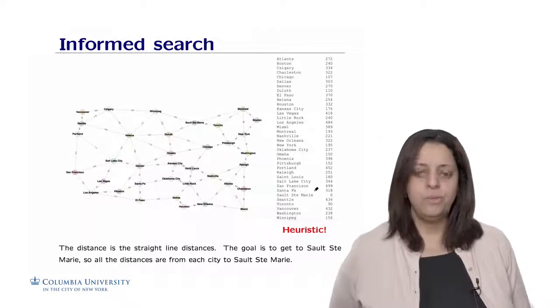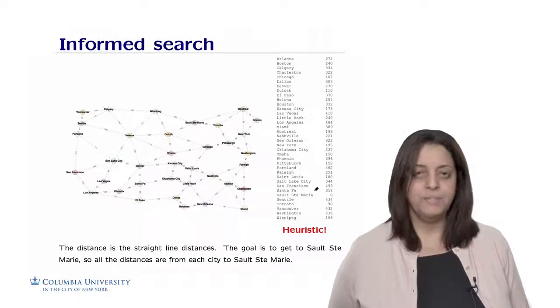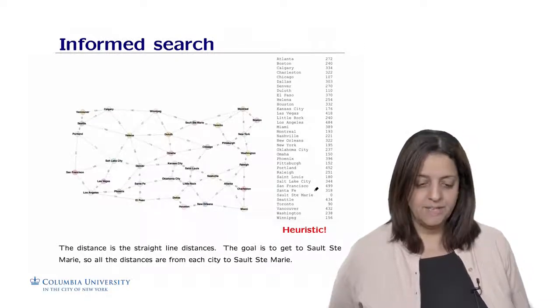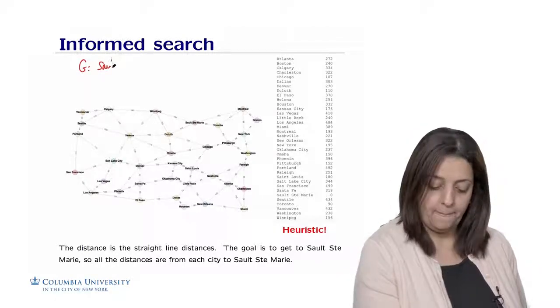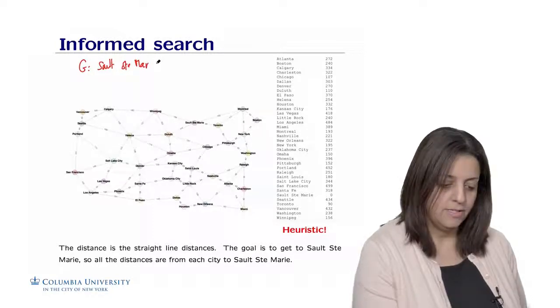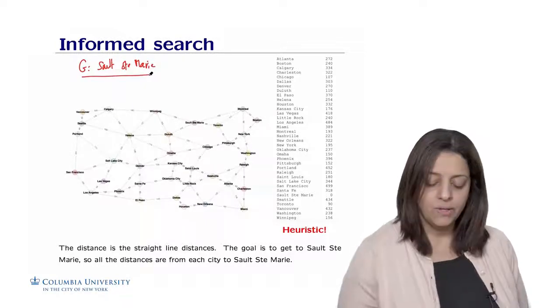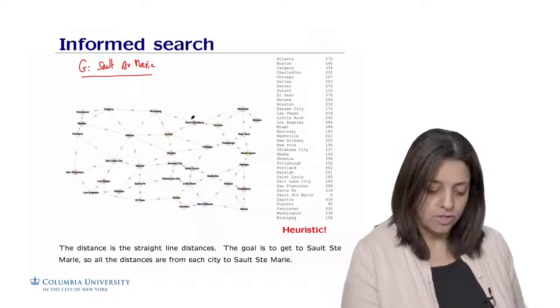In the map example, we could use a heuristic that gives us the straight-line distance between the cities. For example, if our goal is to reach Sault Ste. Marie, we're going to use a heuristic that gives us the distance between any city and Sault Ste. Marie. Sault Ste. Marie is here.